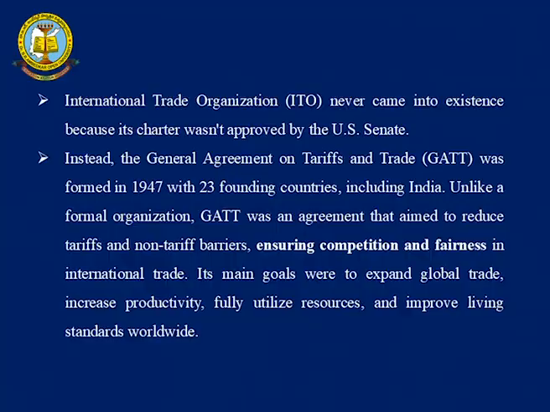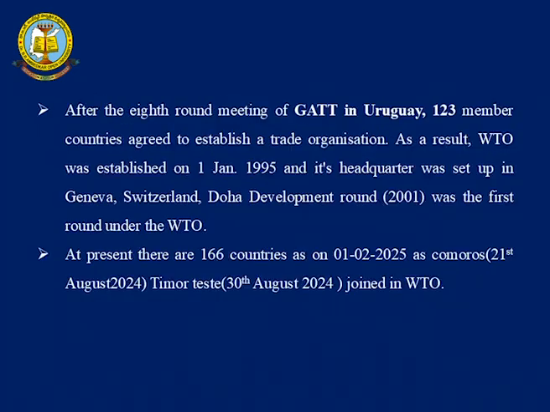Afterwards, they developed the GATT, the General Agreement on Tariffs and Trade. After the 8th meeting of the GATT, 123 member countries agreed to establish a trade organization. As a result, the WTO was established on January 1st, 1995, and its headquarters was set up in Geneva, Switzerland.